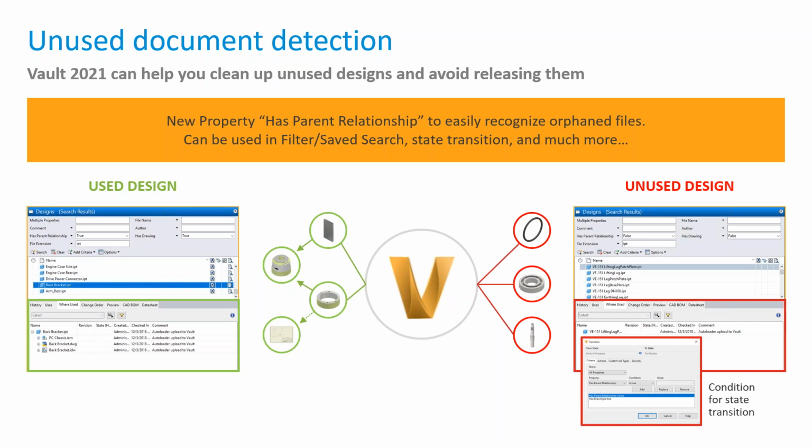Well, those parts are just sitting in the vault doing nothing besides taking up space. And that problem can become substantial. Actually, one of our customers earlier this year, I wrote a script for them to find all of the parts in their vault that didn't have parent relationships.